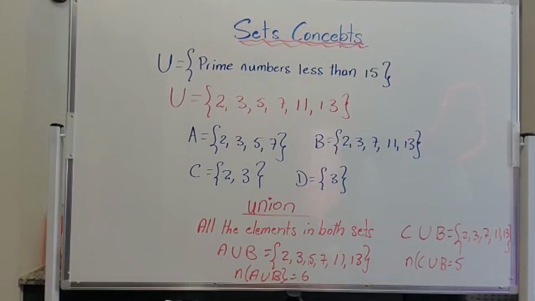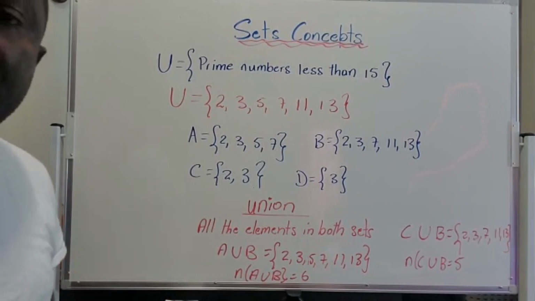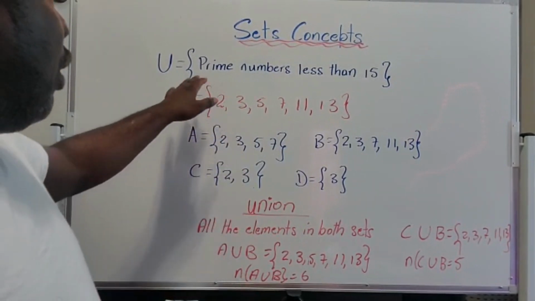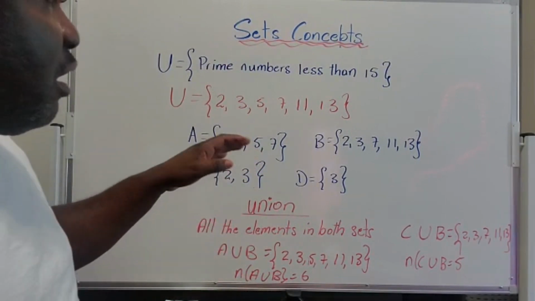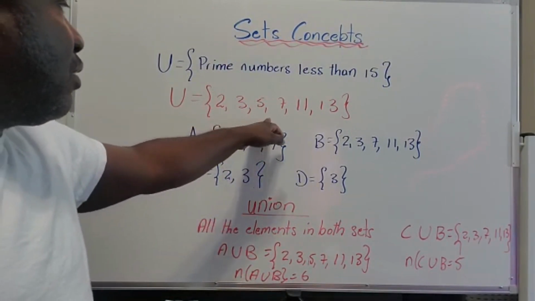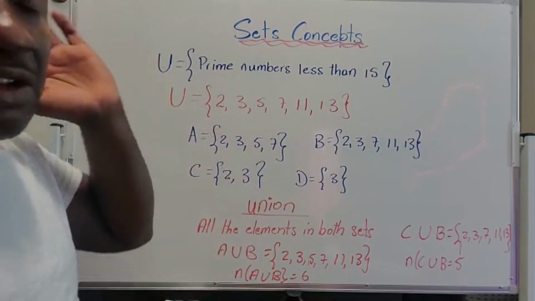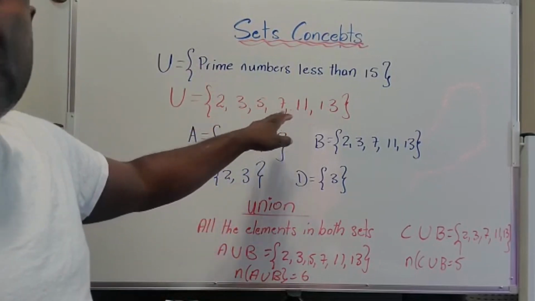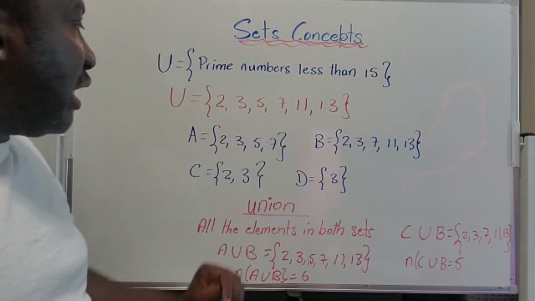Now guys, we would have identified here what is meant by universal set, which is a given set. I've gone ahead and listed all the elements, given that it's in worded form. So I've listed the elements using roster or tabular form, and the elements are, as you can see on the board.